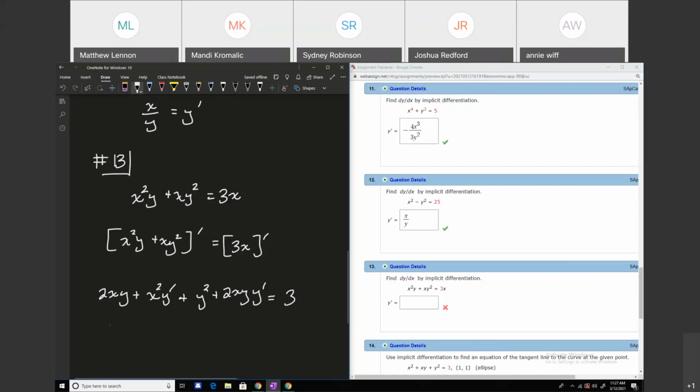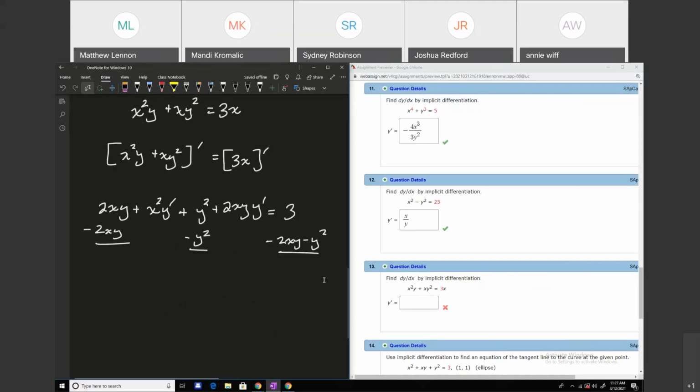So we're going to want to subtract the 2xy and also subtract the y squared to move that to the other side, so that only our y prime terms are on the left, which is going to allow us to factor. So we've got x squared y prime plus 2xy y prime, and that'll be 3 minus 2xy minus y squared.